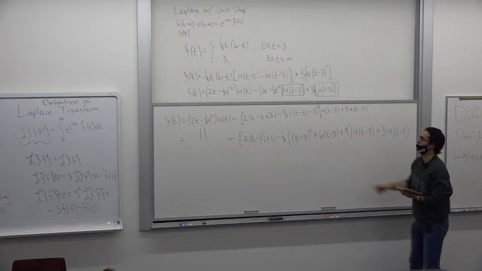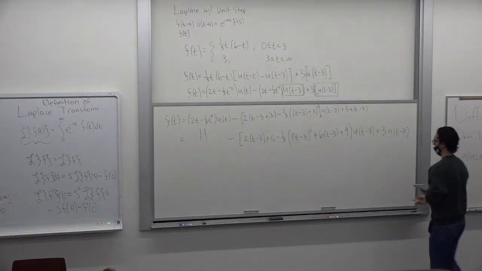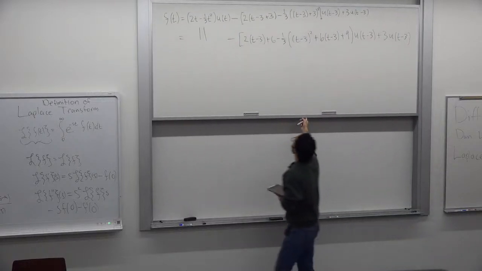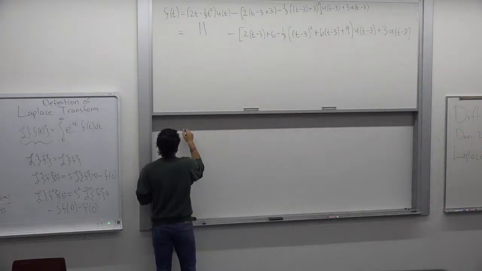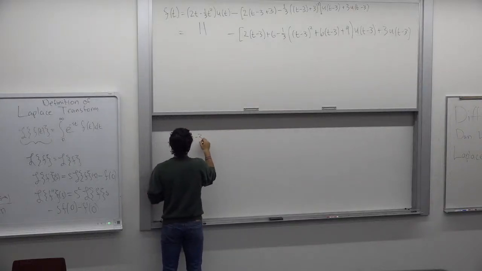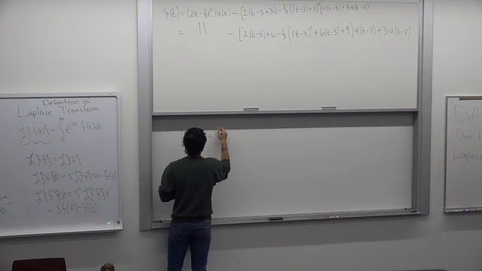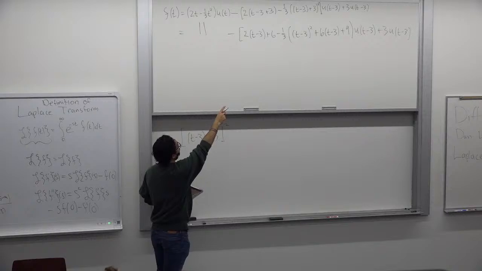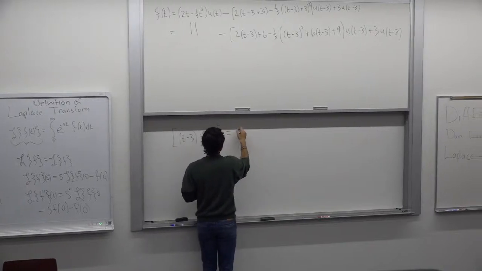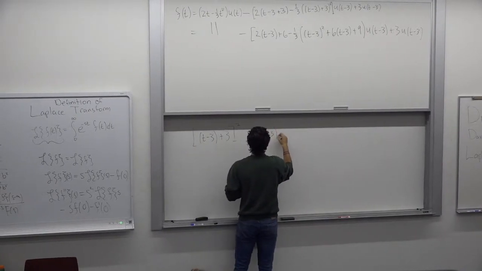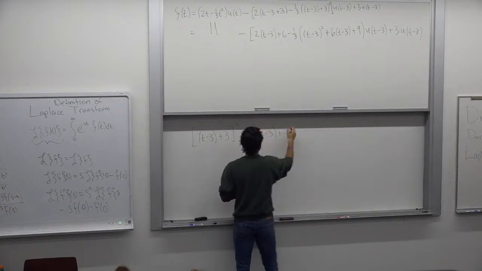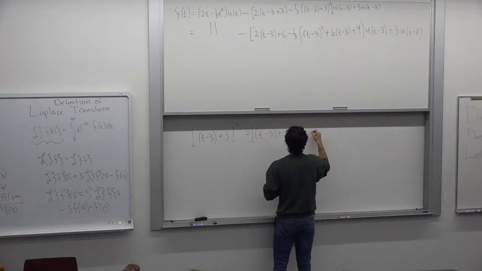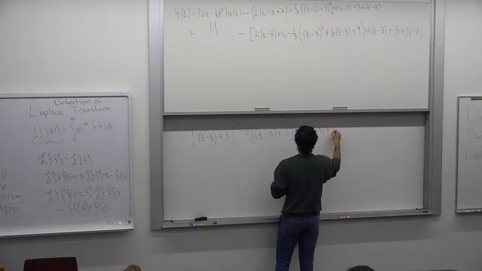Should I go over that? All right. So I have that term, (t minus 3 plus 3) squared, the same term as I have up there. So this equals (t minus 3 plus 3) times (t minus 3 plus 3).